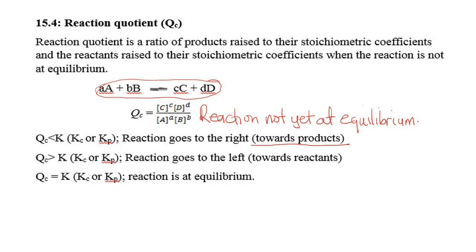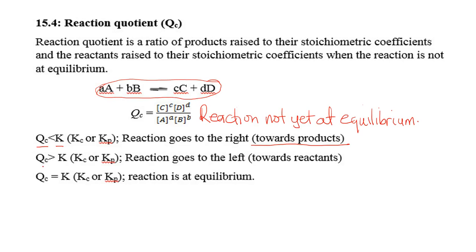You find your Q and you compare it to the K, and you see that Q is less than K. That reaction is moving towards the product. It means the reaction is going this way until it reaches equilibrium.